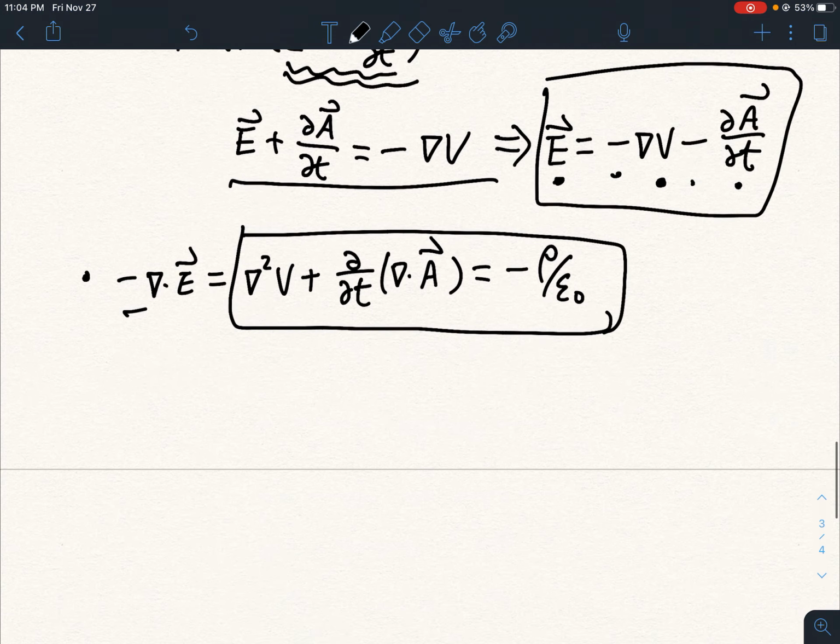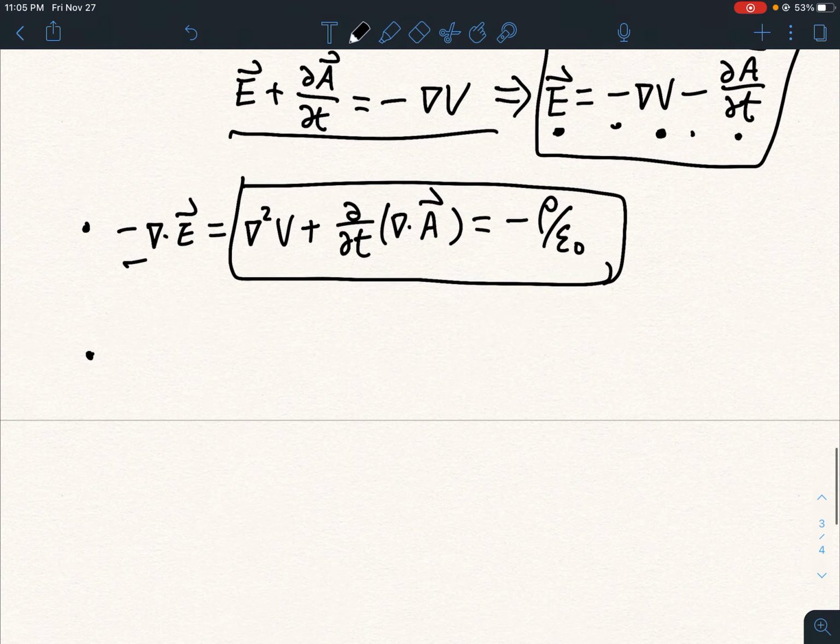Now we look at the last equation here. The last equation is a little bit more complicated. If you look at the lecture notes, I derive it, but here I just write it down. So it looks like this.